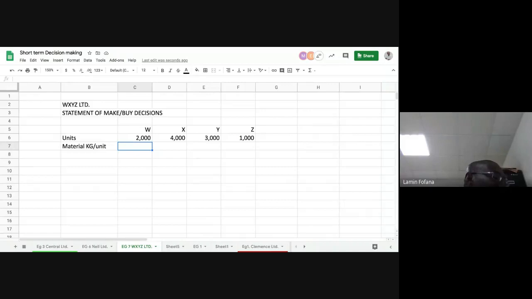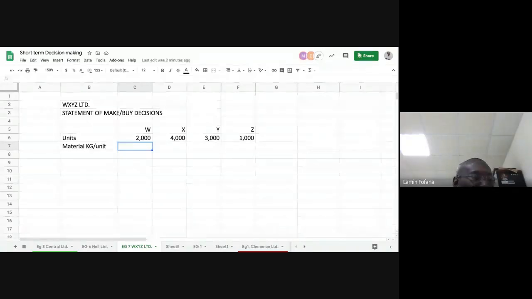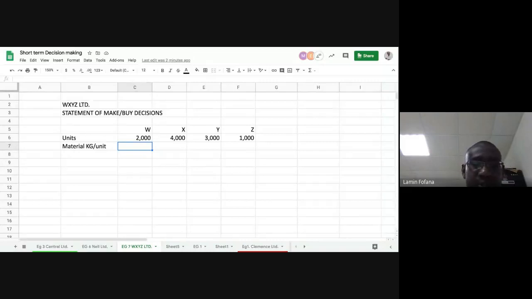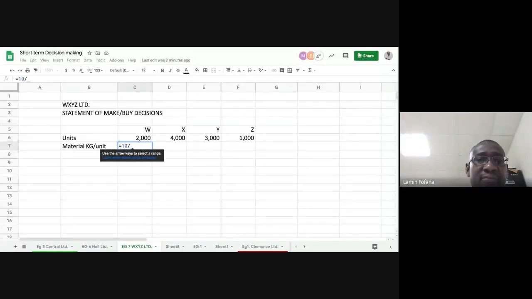In order to get that, we have to divide by 5. Because if we had the number of kilos that we require for each unit, we'd multiply that by the cost per kilo. Therefore, if that is not available, the total unit cost of material divided by the price gives us our kilo. Is that clear? So the first one is going to be 10 divided by 5. Actually, all of them are going to be divided by 5.